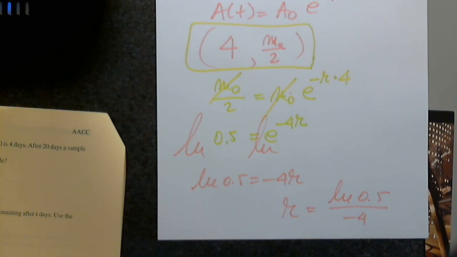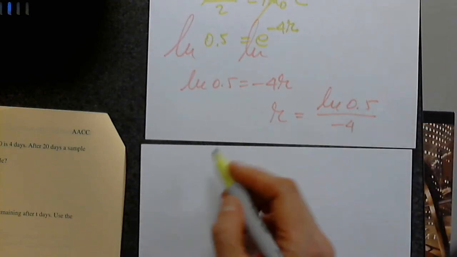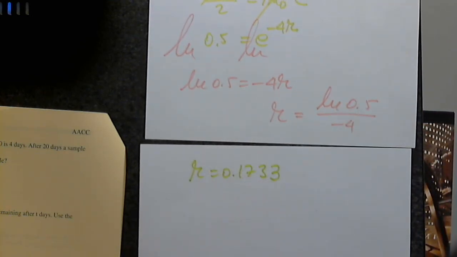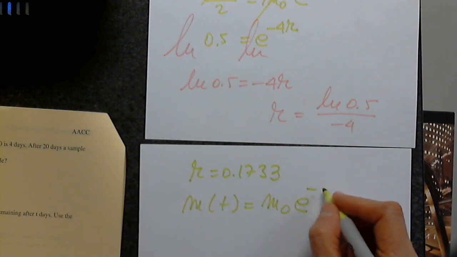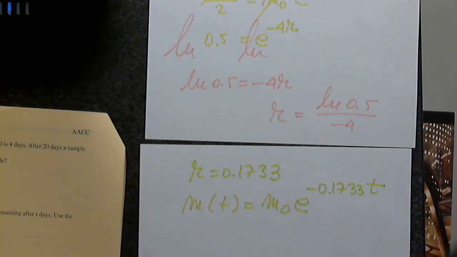I got 4 digits for the rate, please. 0.1733. r equals 0.1733. I go back to the model. I have m of t equals m0 e to minus 0.1733 t. I still have a variable, and I'm asked to find it.